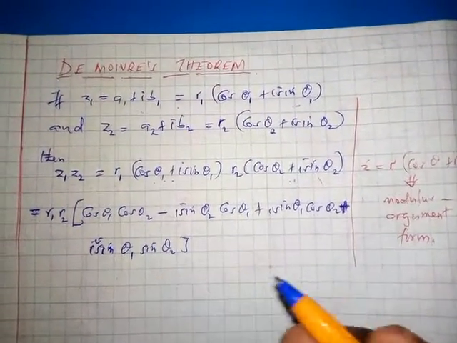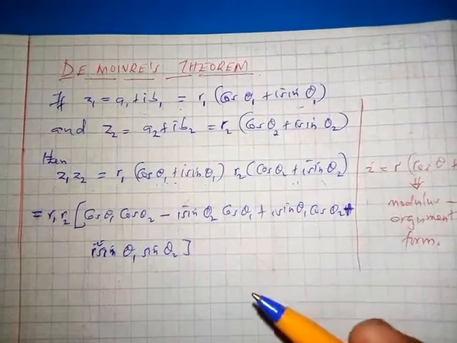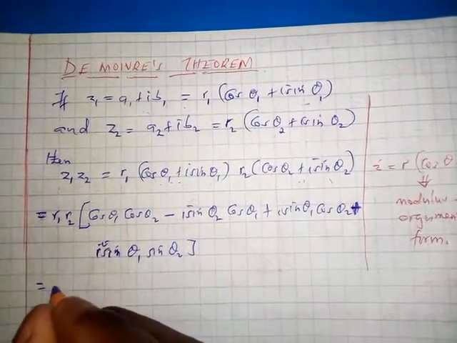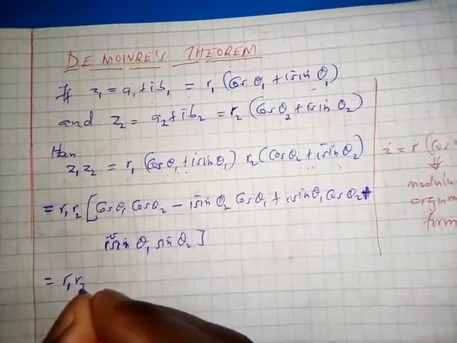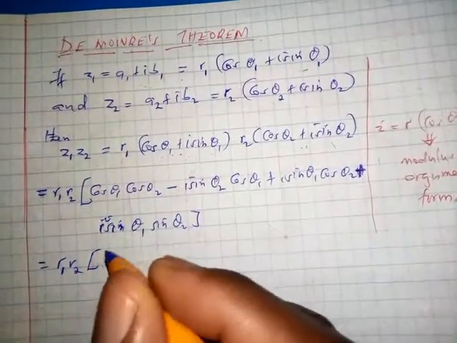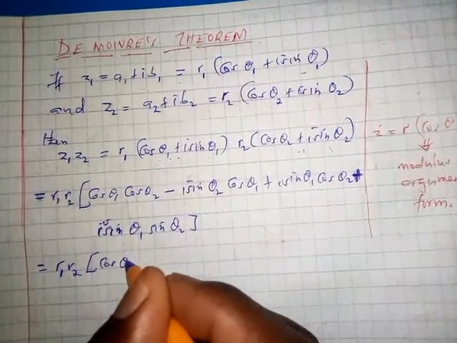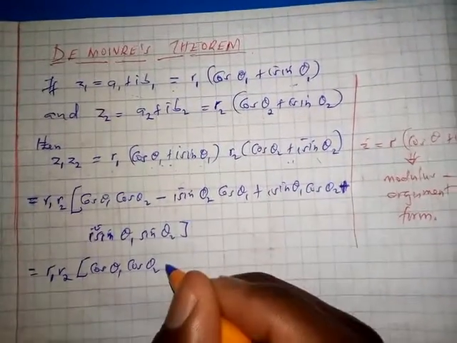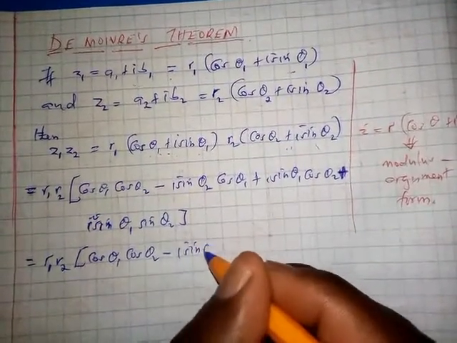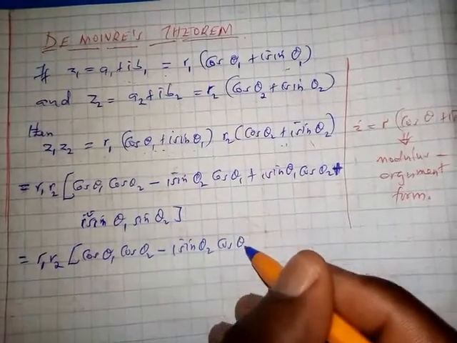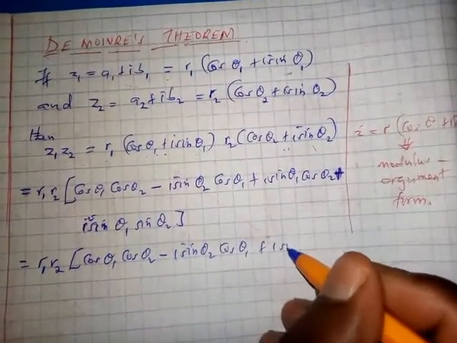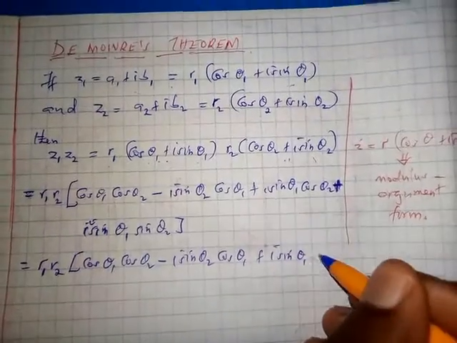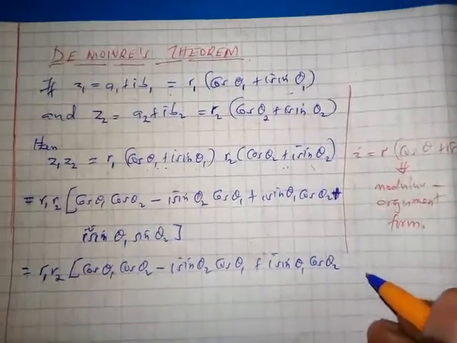and this is the same as R1 R2 (cos theta 1 cos theta 2 plus i sin theta 2 cos theta 1 plus i sin theta 1 cos theta 2).